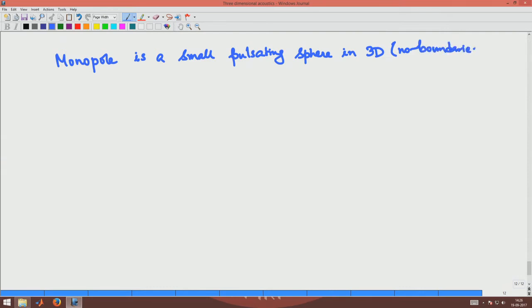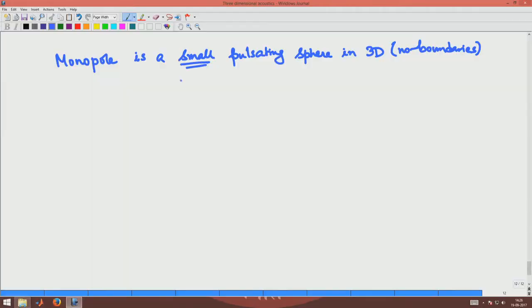In a completely unbounded 3 dimensional domain, if you take this pulsating sphere, and by smallness we essentially mean that the radius of the sphere is small in comparison to the distances that we are looking at, and also the radius of the sphere is small in comparison to the acoustic wavelength. So, if these two smallness criteria are met, then we are going to have this pulsating sphere which is extremely small, and that special kind of source is known as monopole source.